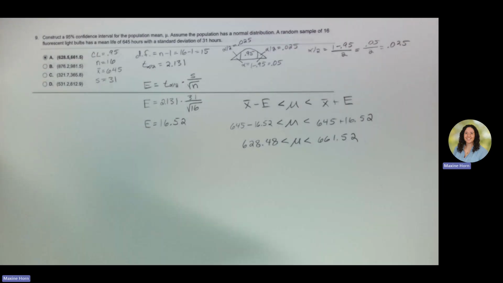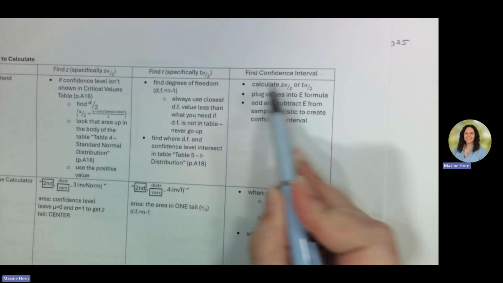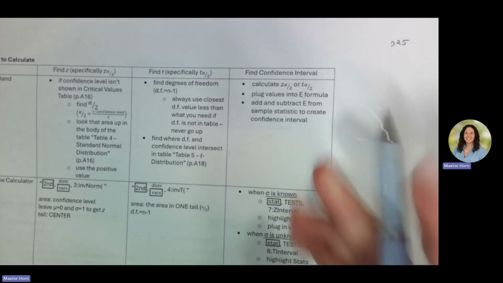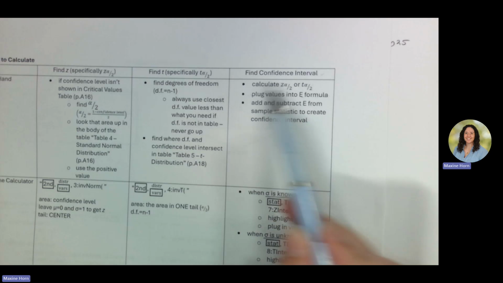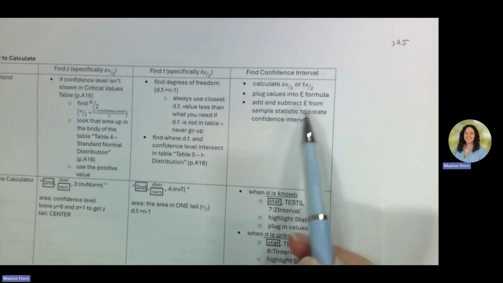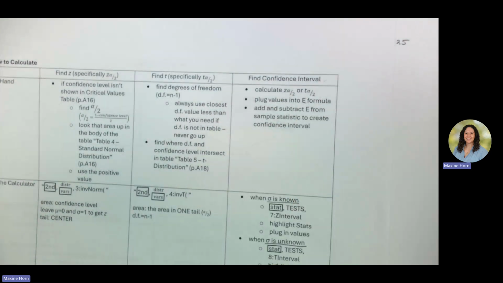If we take a look at our steps here, our first step here can either be done by hand or in the calculator. And then if you're doing the whole thing by hand, whether you did this or in the calculator, you plug that into your error formula and then you add and subtract it. That's if you're doing it by hand. You can do part of it in the calculator, but this is overall if you're doing it by hand.